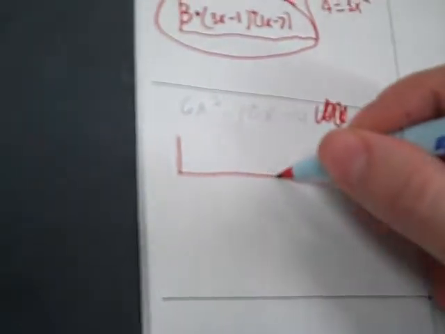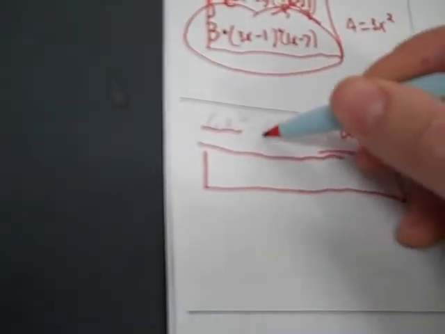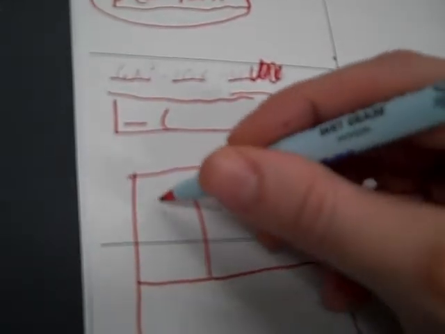Okay, the next one, 3 terms. So GCF, I'm going to underline those. Give yourself more room than what I gave myself. Okay, so my greatest common factor, I do not have the negative in front.